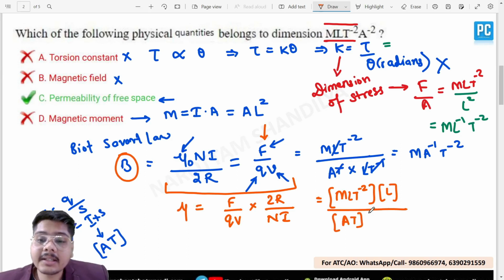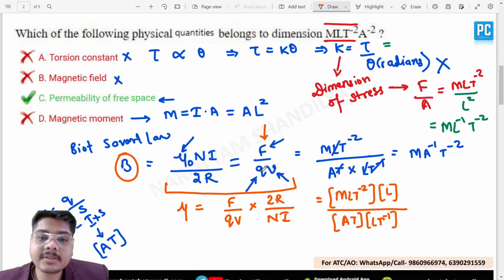For velocity, it is LT minus 1, right? And number of turns does not have any unit. Again, I repeat, mu naught is the permeability of free space, n is the number of turns, I is current intensity, r is radius.